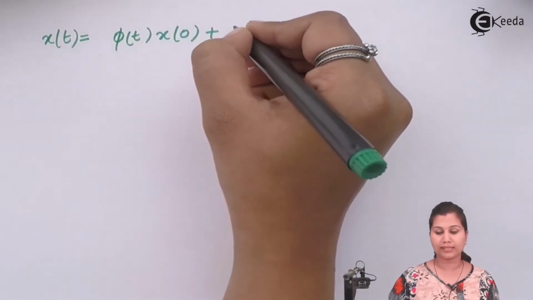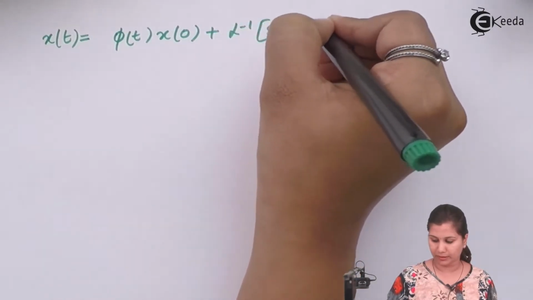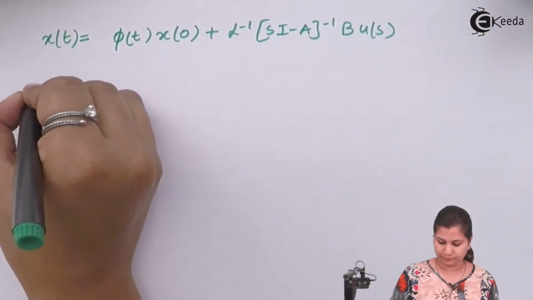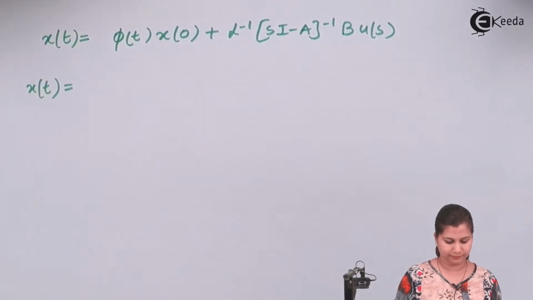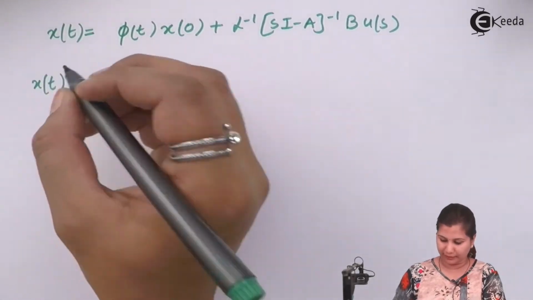And the second part was the Laplace inverse of (sI minus A) inverse B U(s). So phi(t) is, so we will substitute the value of phi(t) which we calculated earlier.